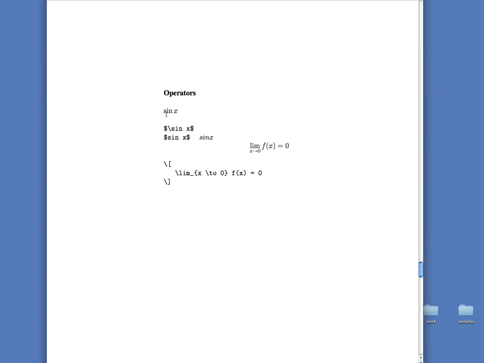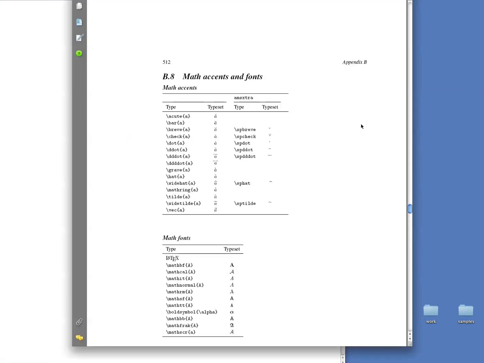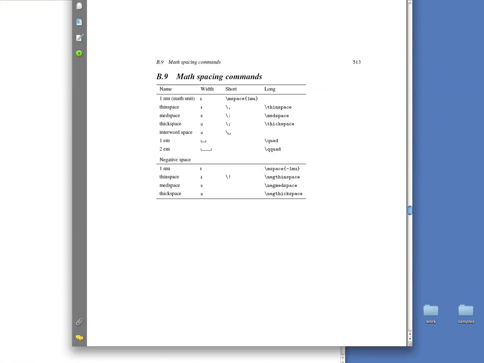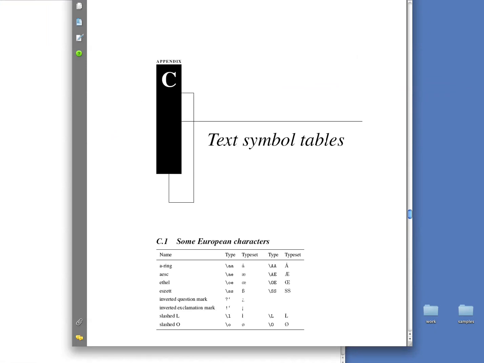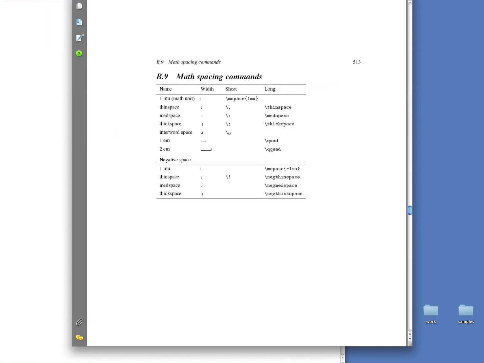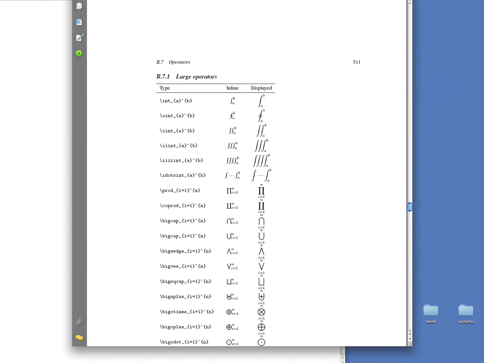To get the proper display sin x as you wish it, you have to type the sin command. That's an operator. A more complex display is given by the lim operator, and if you want to see all the operators, you have to go to the appropriate appendix, which I'm going to find in 1 second.